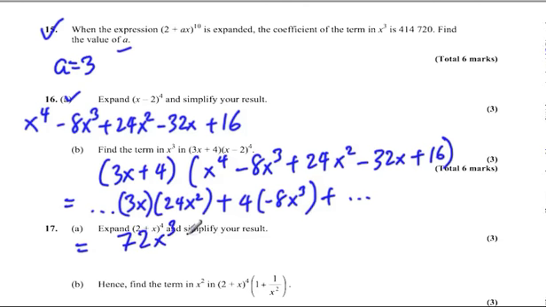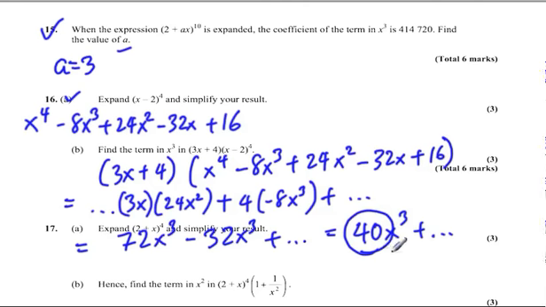And this is negative 32x cubed plus dot, dot, dot, whatever that is, we don't really care. And if we just subtract these two, 72 minus 32, we will get 40x cubed plus dot, dot, dot. So the term that we're concerned about is 40, and so we're done with this one. So the answer here is 40x cubed.